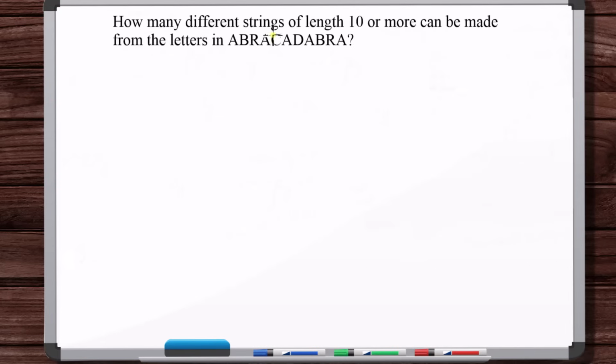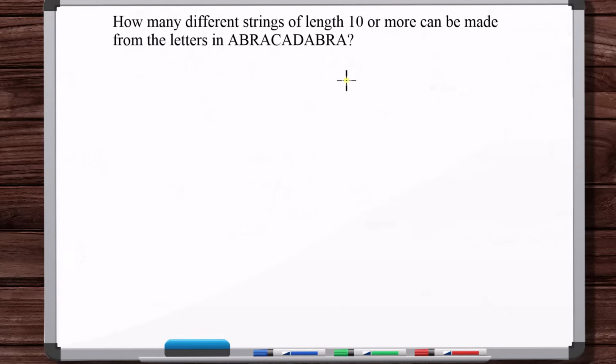How many different strings of length 10 or more can be made from the letters in abracadabra? So 10 or more. All right, so we're going to need to use the sum rule here, add up different outcomes. But notice for this example, and this is the case with a lot of examples, you just use the OR criteria.